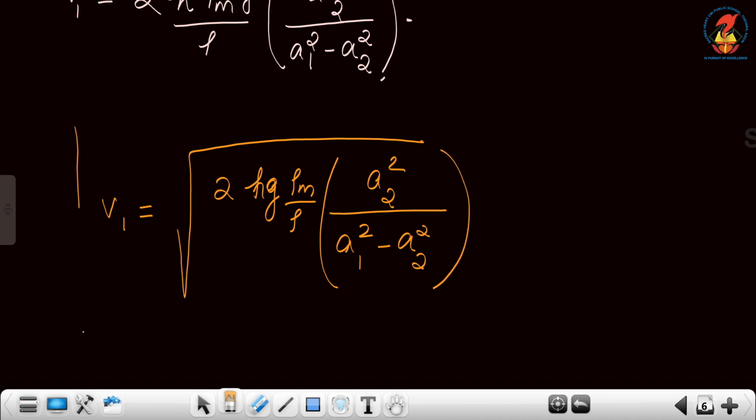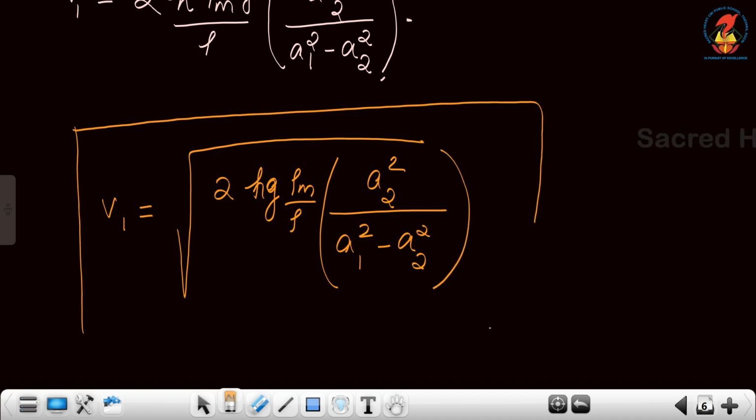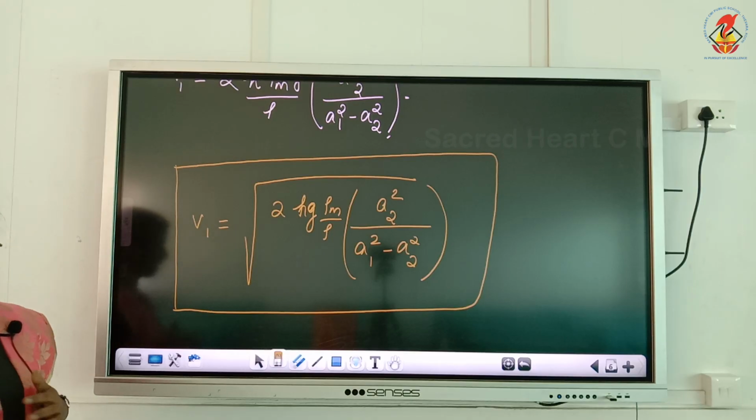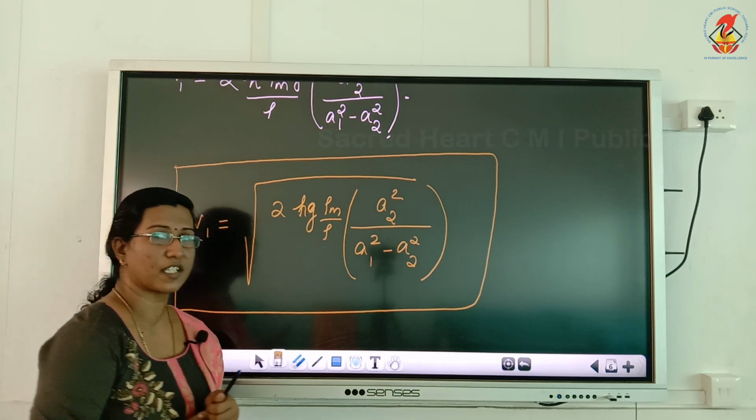This is the equation for the velocity of fluid flowing through a pipe. I hope this derivation is clear to you. I will say the steps once more.